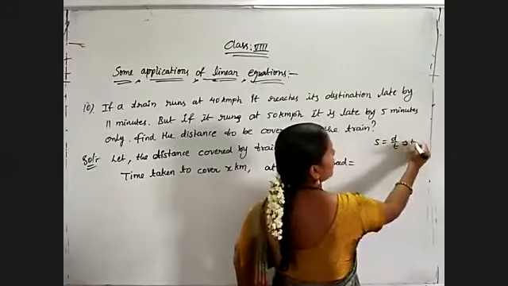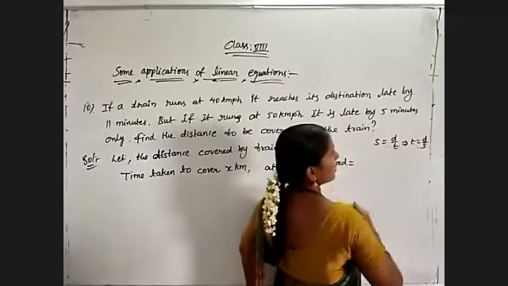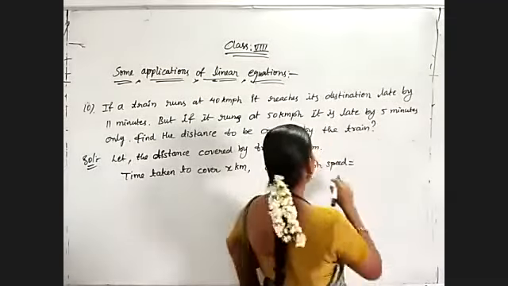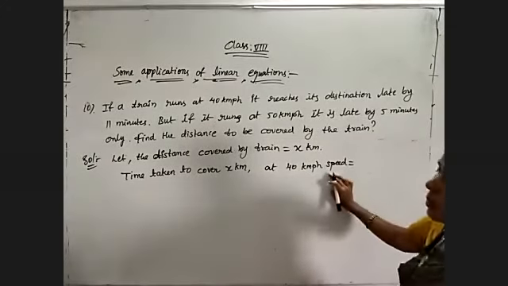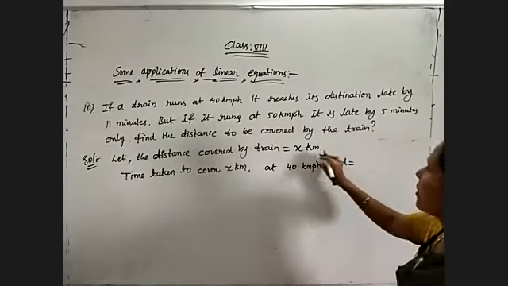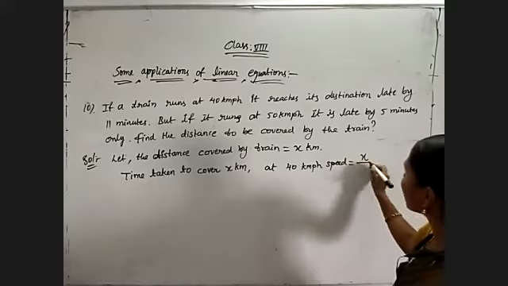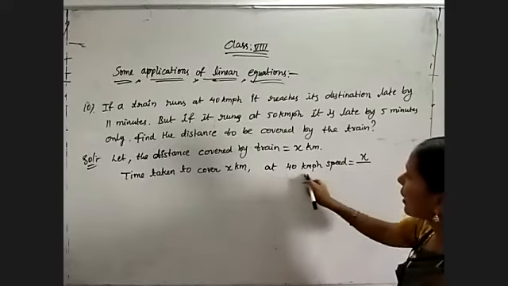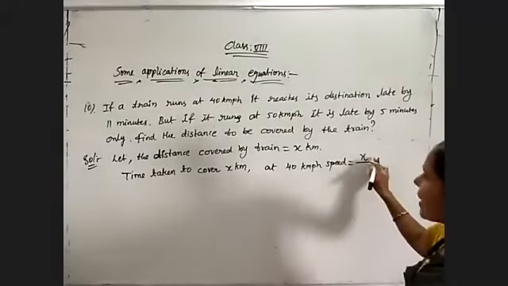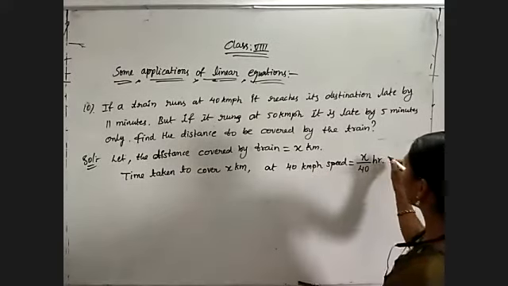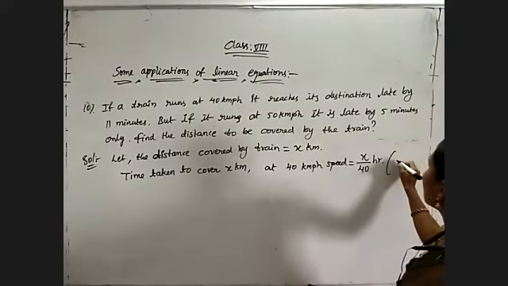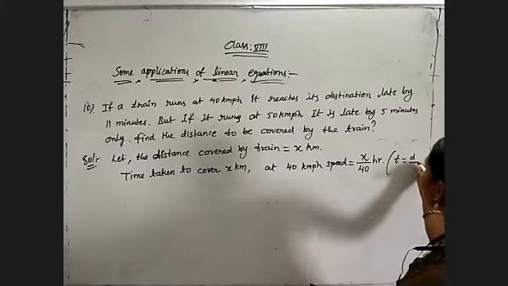From this, time is equal to distance by speed. Yes or no? So time I am finding: time taken to cover X kilometers at 40 kilometers per hour speed is equal to X by 40 hours. So time is equal to distance by speed.